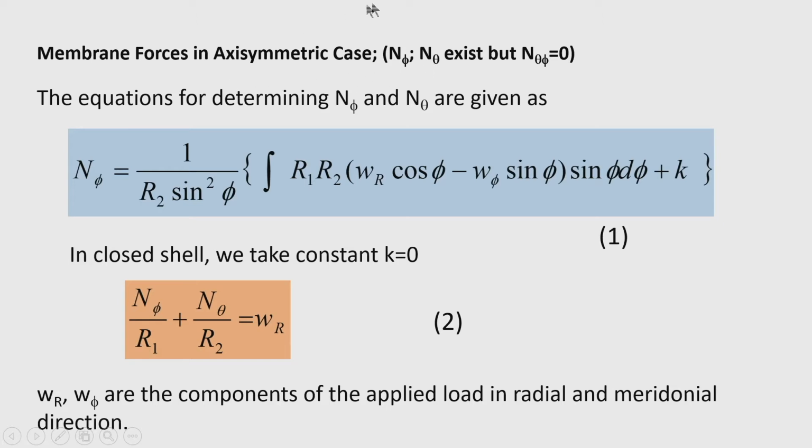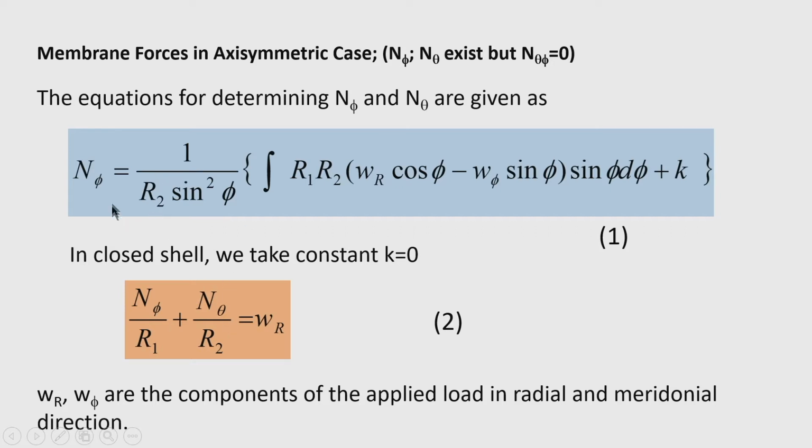For axisymmetrical cases, if you recall, we arrived at two equations of equilibrium. In general, there are three equations of equilibrium, but because N theta phi equals 0, the second equation becomes meaningless, and we now have to deal with the first and third equations. The first equation gives, after integration, the value of N phi, and the third equation is actually an algebraic equation.